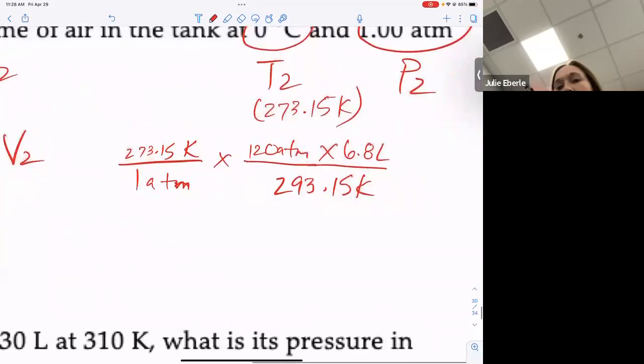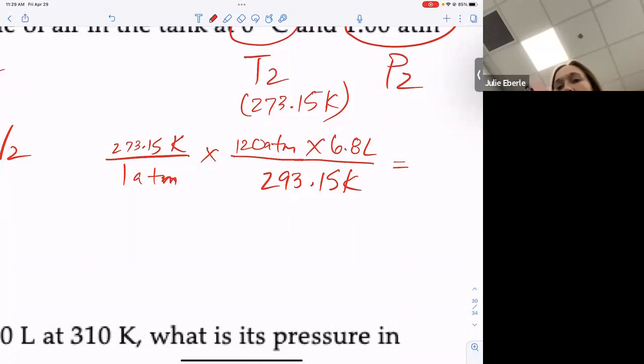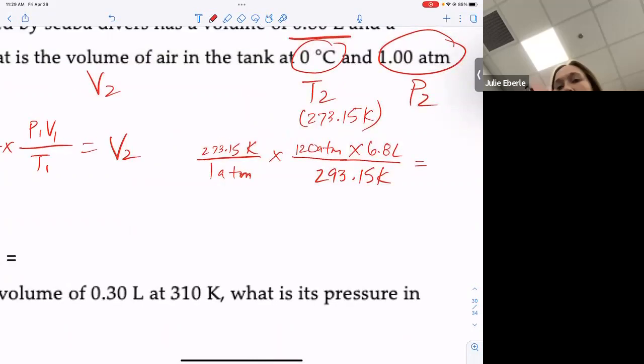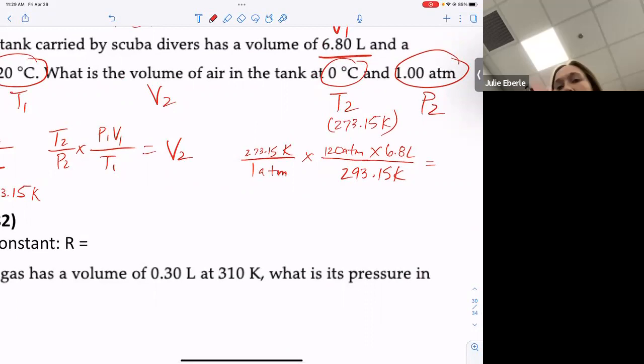So somebody work this out for us. What do we get? Anybody got it? 760.3 liters.